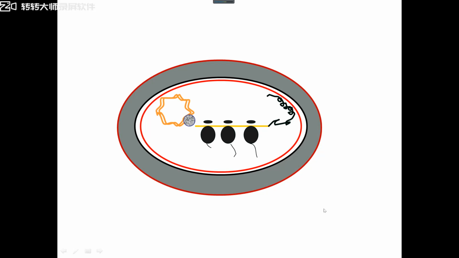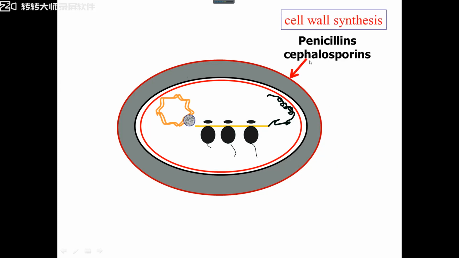And we also can divide them into 5 categories. The first mechanism: the outer layer of the bacterium is the cell wall, and some drugs, such as penicillins, vancomycin, and cephalosporins, inhibit cell wall synthesis.